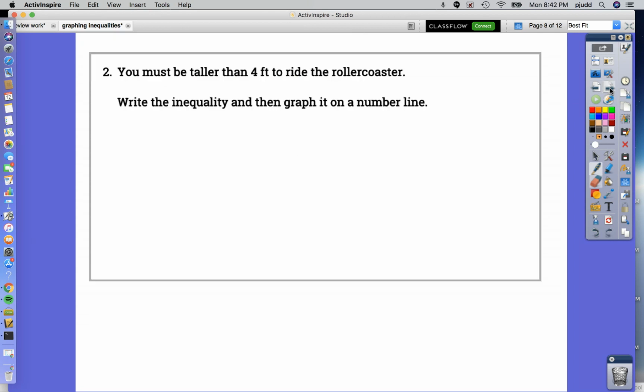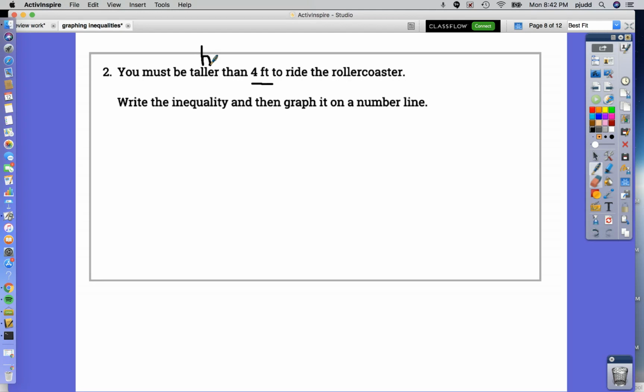You must be taller than 4 feet to ride the roller coaster. Write the inequality and then graph it on the number line. You must be taller than 4 feet. So what would that look like? If we're talking about taller, I could use H, or you could put T for taller.